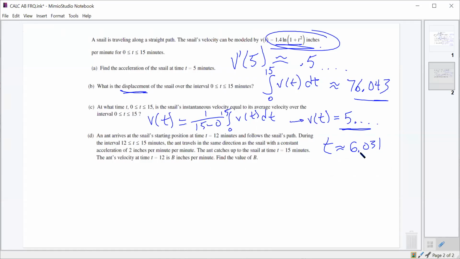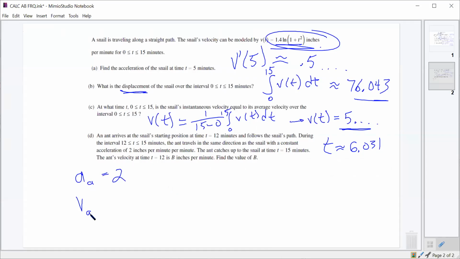Cool. And then part D, we've got an ant that arrives at the snail's starting position at t equals 12 and follows the snail's path. The acceleration of the ant is 2, and we are looking for the ant's velocity.